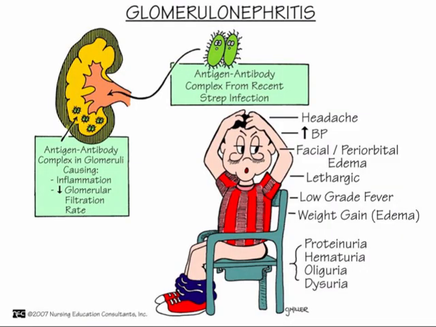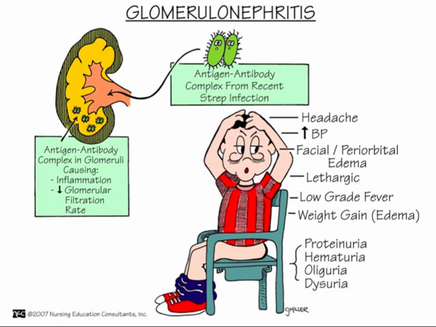Like I mentioned, a big one that you'll see is with a recent strep infection where they'll have the antibody-antigen complex. And ultimately that causes inflammation, which affects the filtration rate. And remember, your GFR is how well your kidney is functioning.